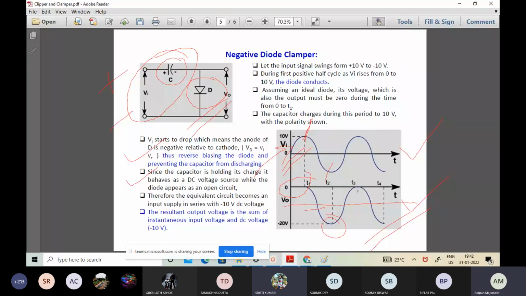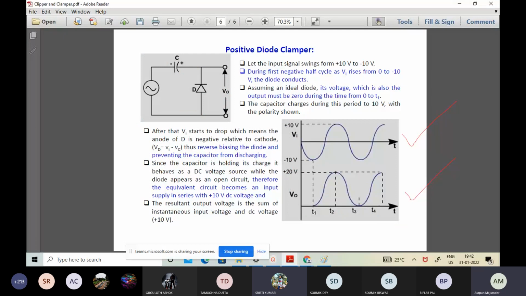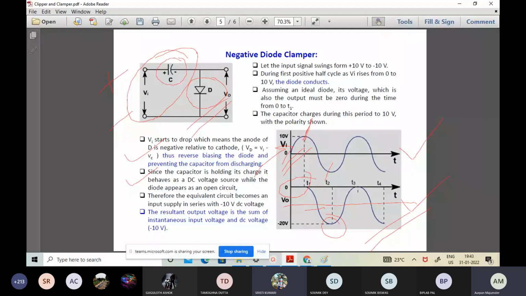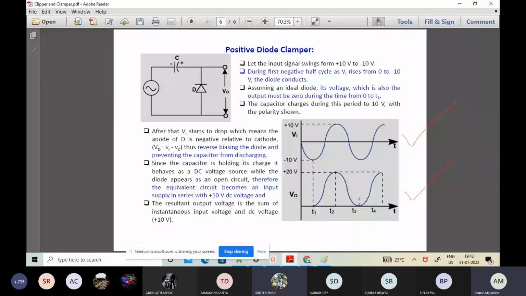Now, the reverse part of it is definitely the positive diode clamper. How is this different? The diode orientation is just the reverse. I don't think this needs any explanation, because just to have a quick view, when the diode should conduct, we have this notation for the polarity at the input, minus at the top, plus at the bottom.